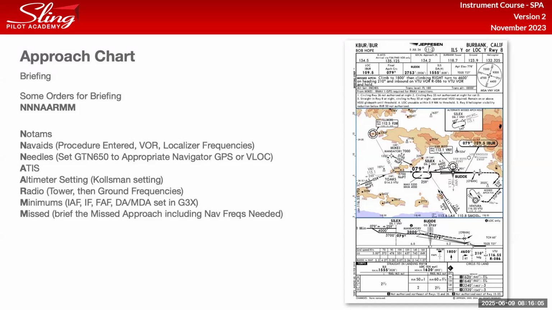Yeah. I'm going to switch it up and put navigation first. So load the approach into GPS. Do not get confused: if we're doing an ILS, VOR, or localizer, just because we load it into our GPS does not make it a GPS approach.